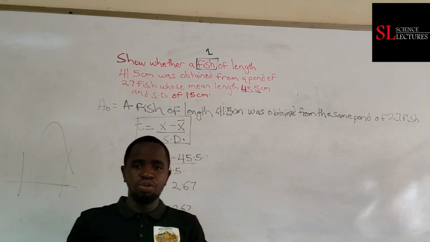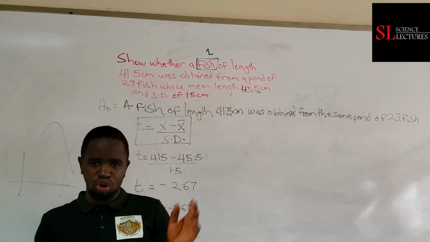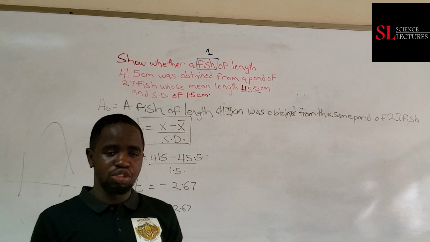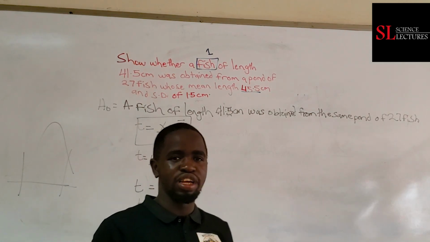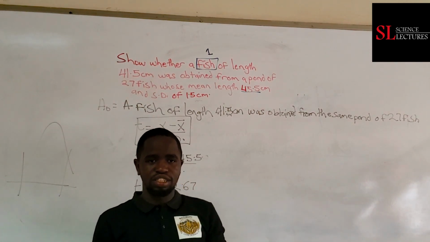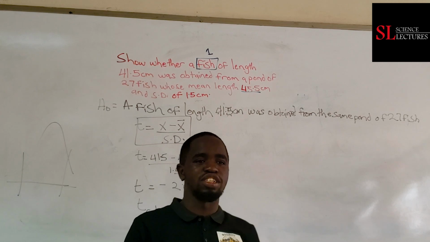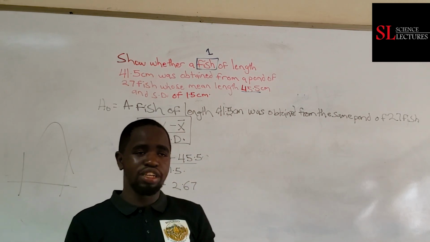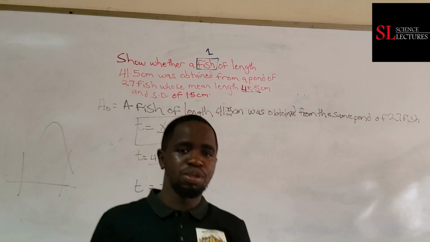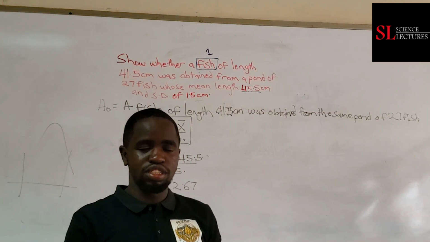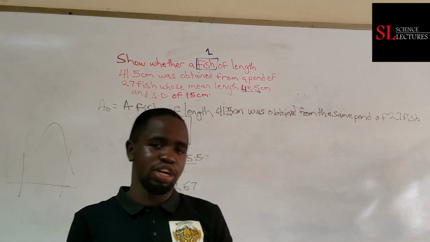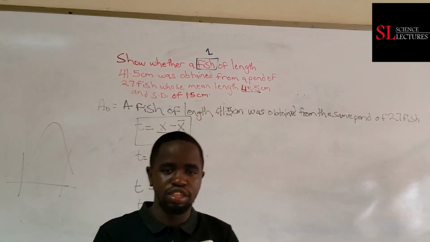Then we have what they call statistical tables. Within the description box below, we have a link that will take you to the statistical tables that we are going to be utilizing in this class. However, if you are unable to attain them, one of the books that I would recommend is Field Statistics for Biologists. That is a very good book, and it's one of the books that we utilize in this class.